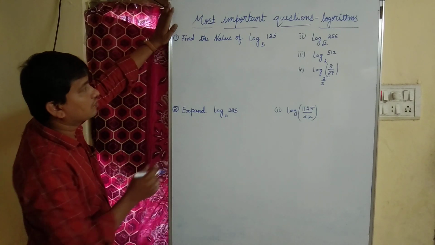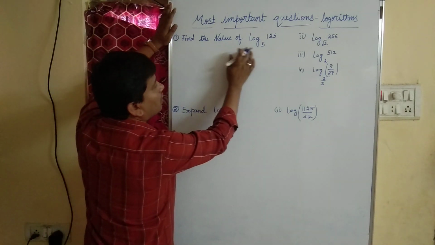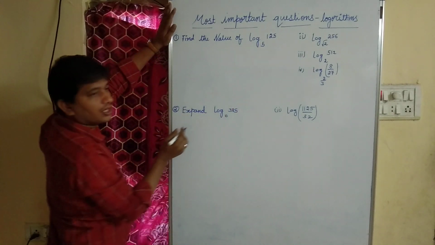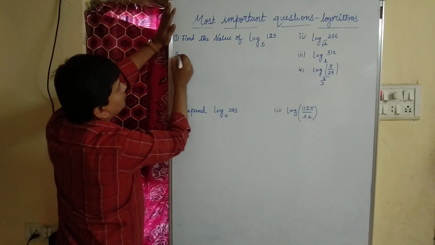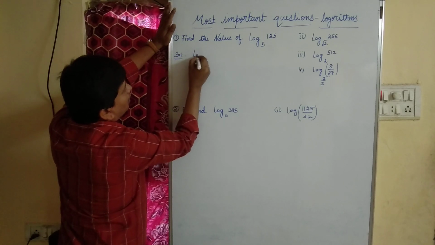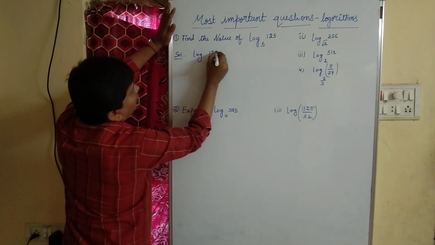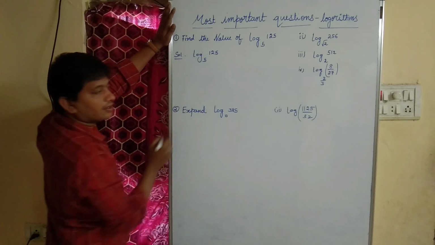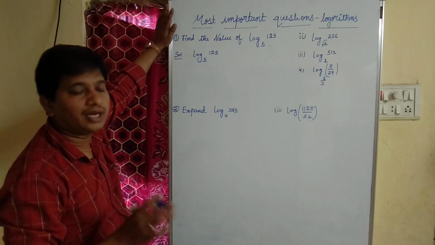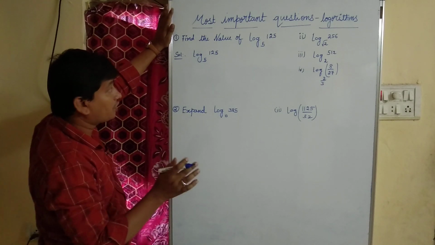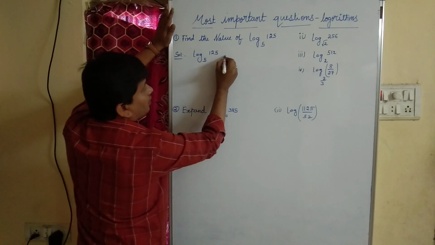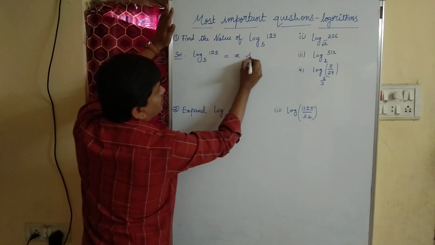So let us solve now. Find the value of log 125 to the base 5. Let log 125 to the base 5 you consider as x.